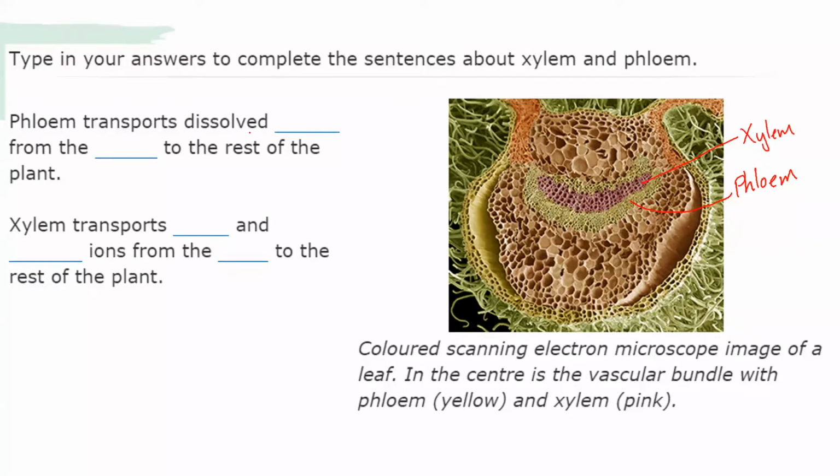Phloem transports dissolved food, you could say glucose, from the leaves to the rest of the plant. Xylem transports water and mineral ions from the roots. Remember about being in the soil, the NPK, it's about being in the soil.